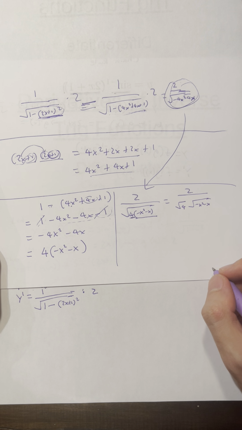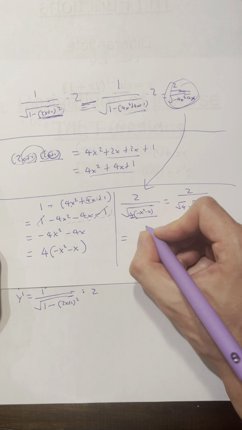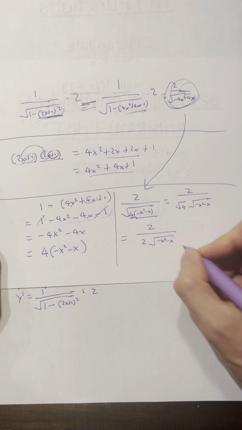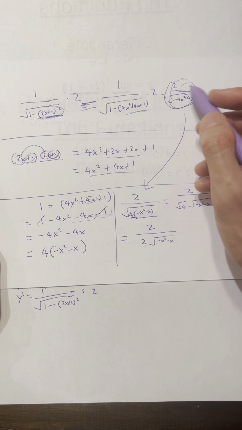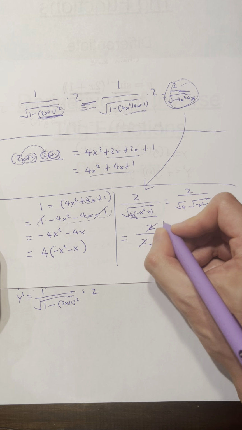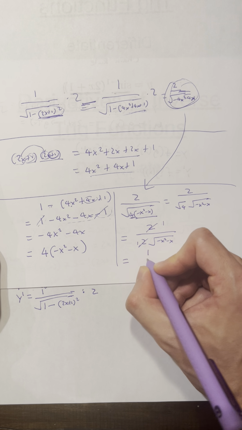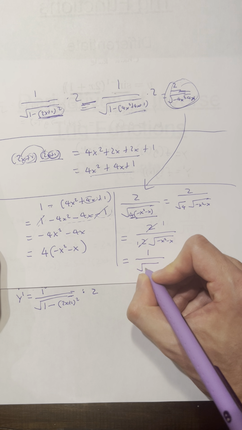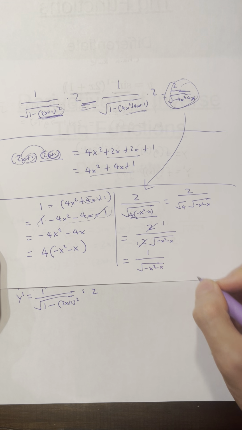And what's the square root of 4? 2. Okay, so there's actually something that we could cancel here. So we can cancel out the 2's. And this turns into 1 over square root of negative x squared minus x.